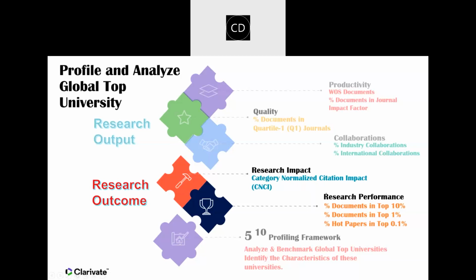This framework shows you all the indicators that you need to retrieve in order to have a very balanced view of the research performance and impact of that organization. So you can see here we have productivity, quality, collaborations, research impact, research performance, and the associated indicators that you can pull out from InCites. So to use this framework, this is what you can use to start extracting data from the InCites platform.